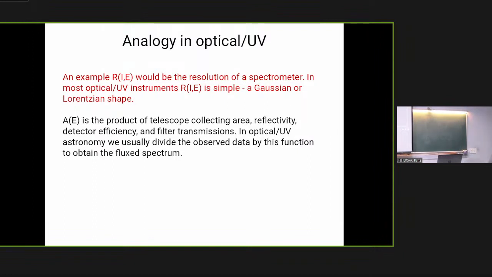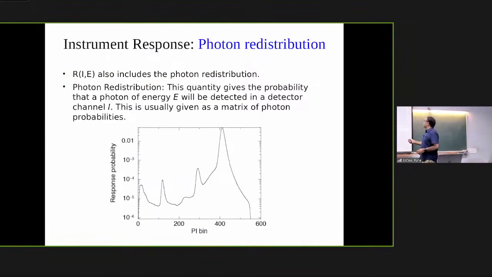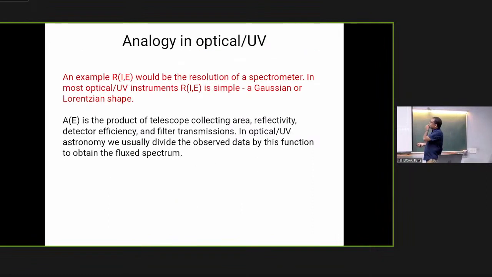In X-rays this is not simple. In optical astronomy you get a narrow peak with a Gaussian, roughly speaking, and in X-ray astronomy this becomes much more complicated. That is the difference between the redistribution matrix in X-rays and what we would expect in optical or ultraviolet spectroscopy.